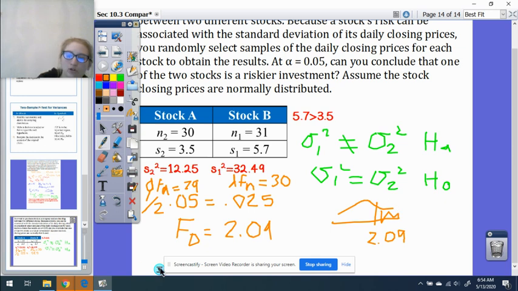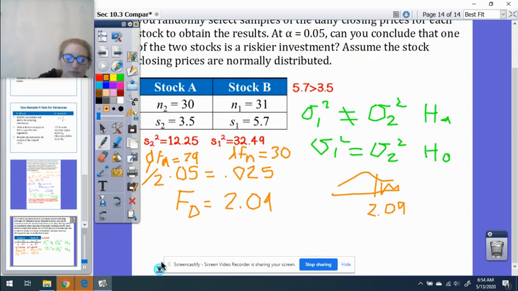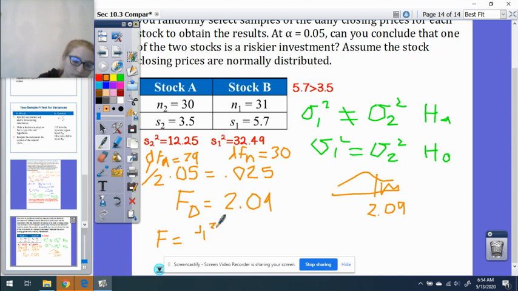Okay, so now let's find our test statistic. To do that, we're going to divide our two variances. So 32.49 divided by 12.25.